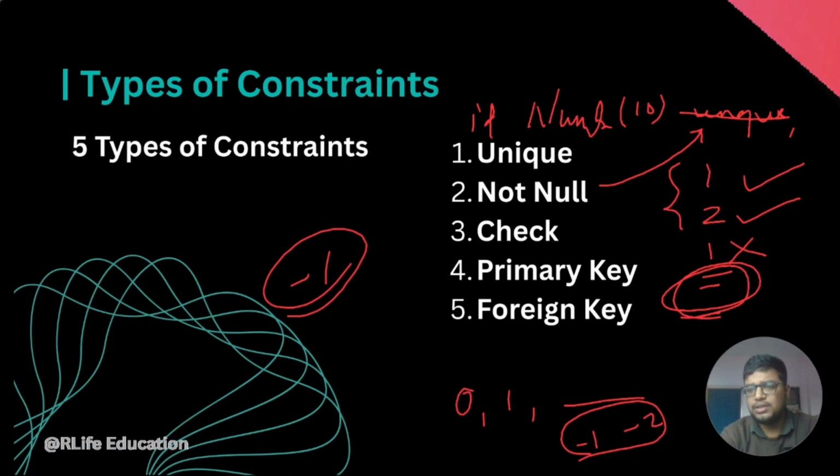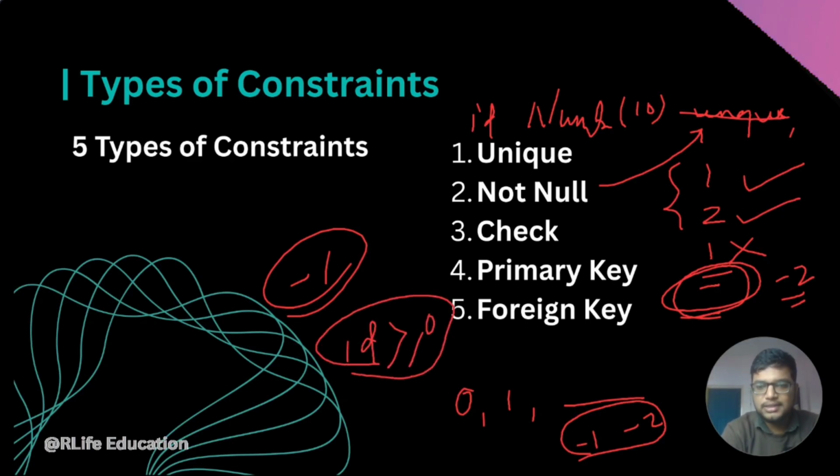Here instead of keeping the place empty, I could assign the id equal to -2. In this case I just have to give one condition: check whether the id is always greater than or equal to 0. This is nothing but the condition we are going to give in this check. Basically check is used for extra validation.